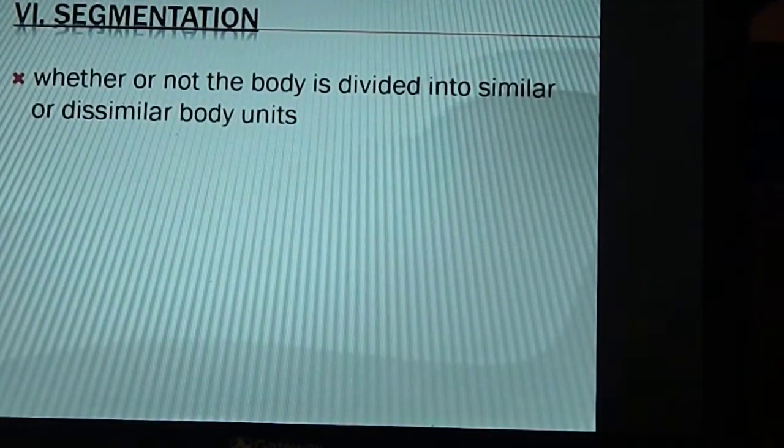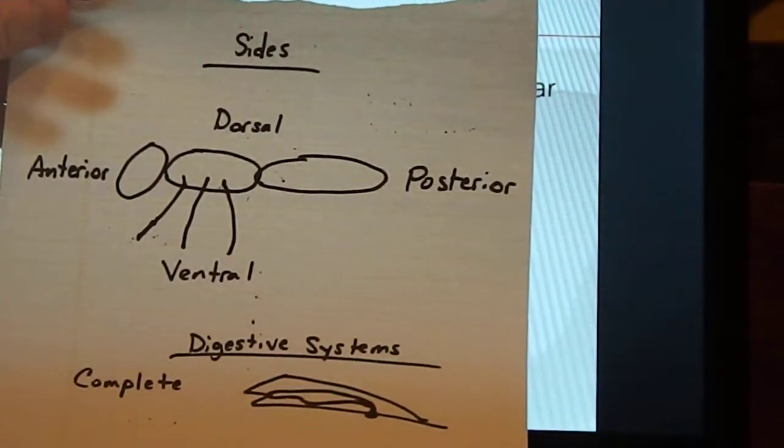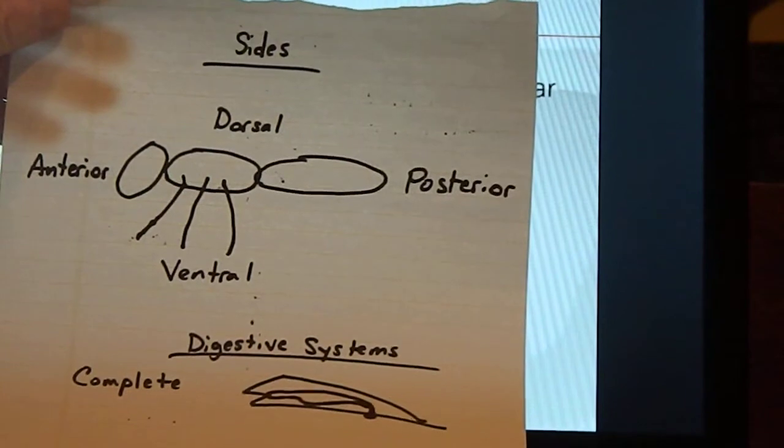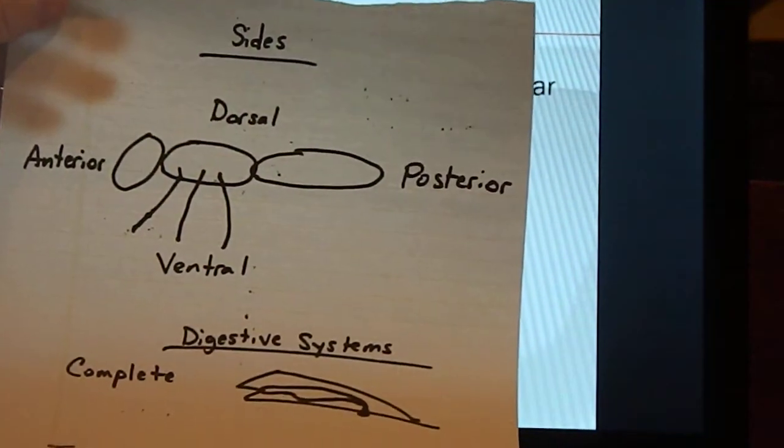And another characteristic that we can separate phyla from each other is segmentation. This is where the body is divided into segments. They may look the same or they may not look the same. If we go back to our slides picture that I drew right here of an ant, the head, thorax, and abdomen are body segments.